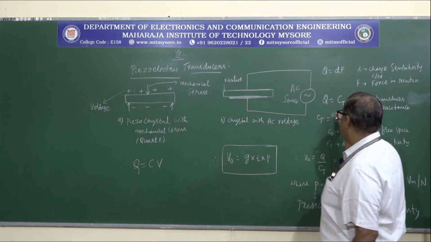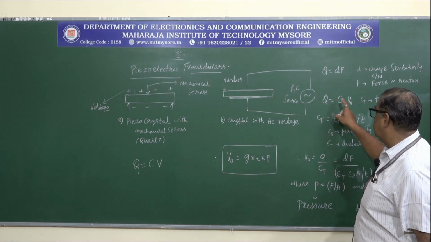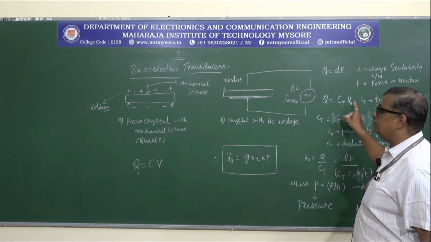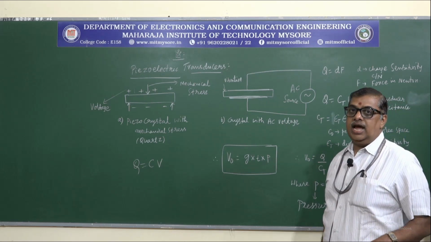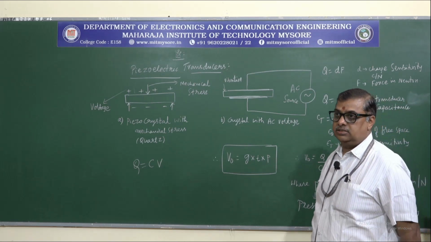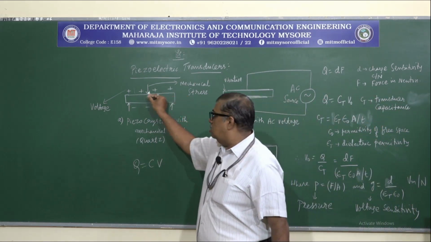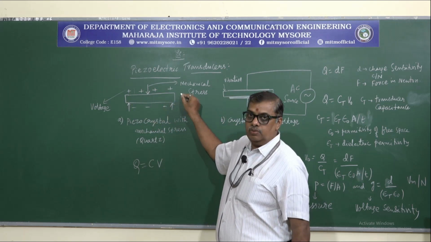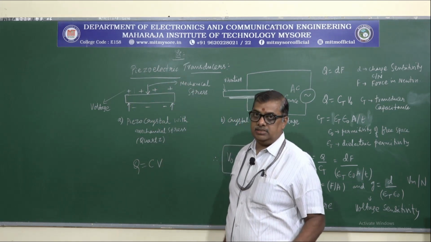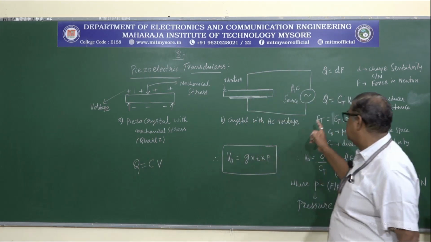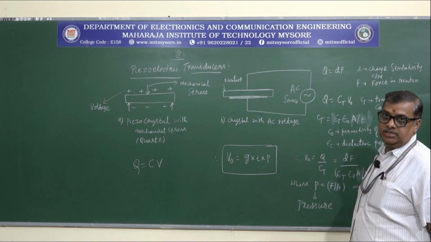That is given by this equation, Q = C_T × V_0, where C_T is called the transducer capacitance. It depends on the length and the width of the crystal. All these matter, and that is why it is known as the transducer capacitance.